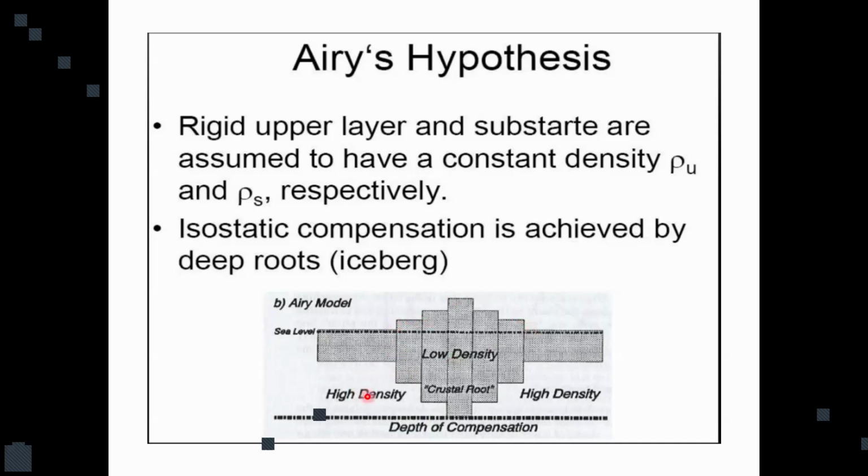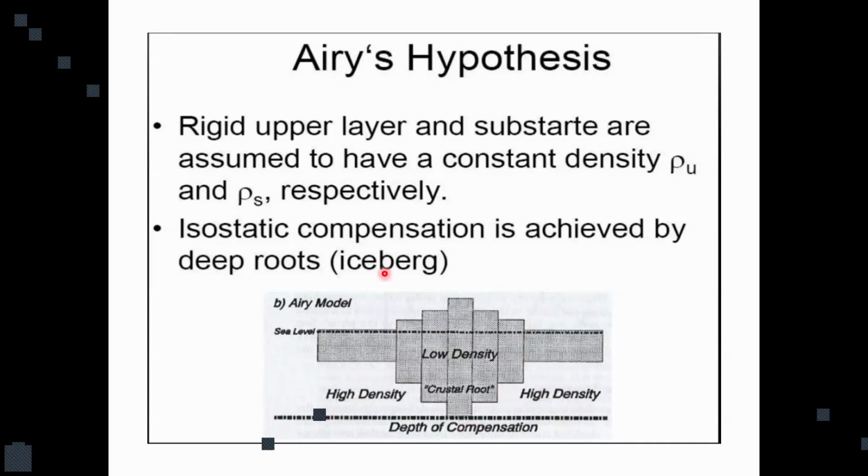You can see this mountain. In order to attain equilibrium, it has a root, which we call the crustal root. The crust or the lithosphere is essentially of low density, and the root immerses into the high density asthenosphere, and there is a depth of compensation.